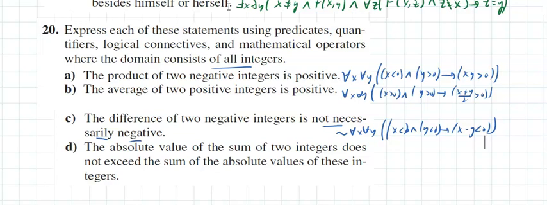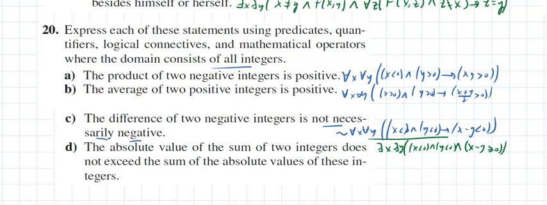Thinking of another way of saying that. The difference of two negative integers, not necessarily. So there exists some x and some y such that if x is negative and y is negative, then the difference would be positive.